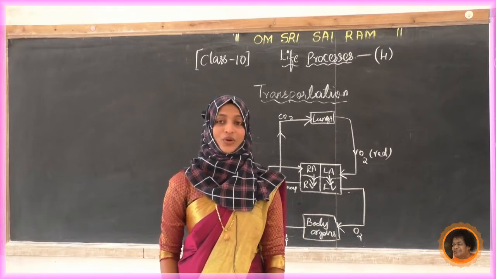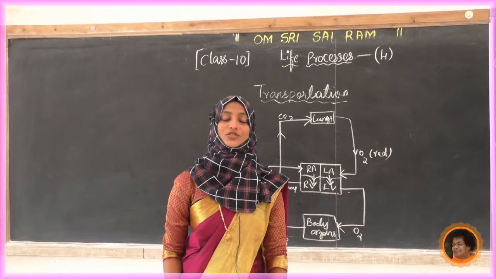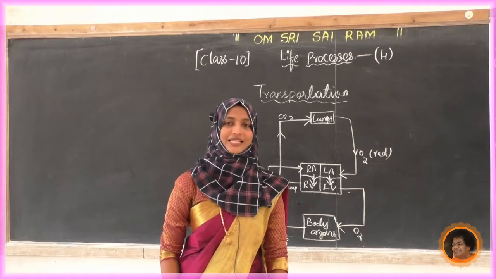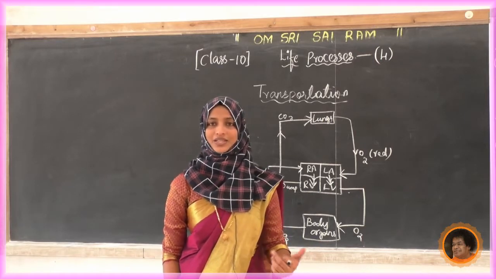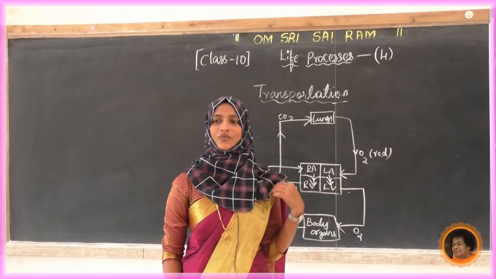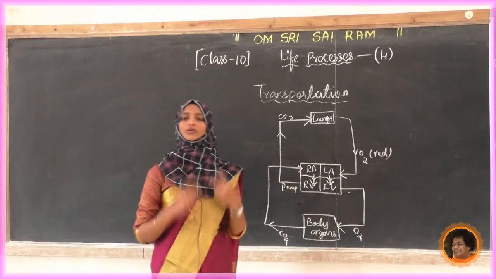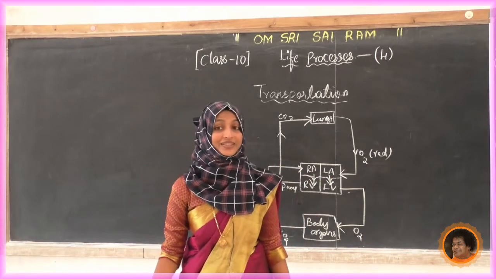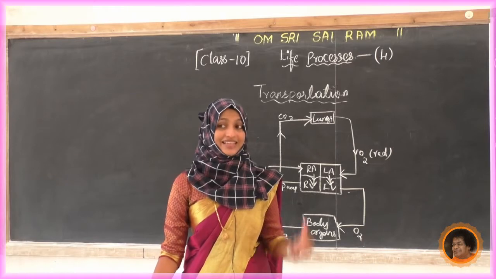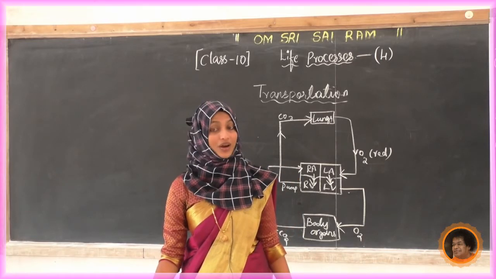But there will be one question. In the heart, if there are only 2 chambers, can you give an example of such animals? Yes, fishes. What will happen in fishes? They have only 2 chambers in their heart. They take the dissolved oxygen present in the water.